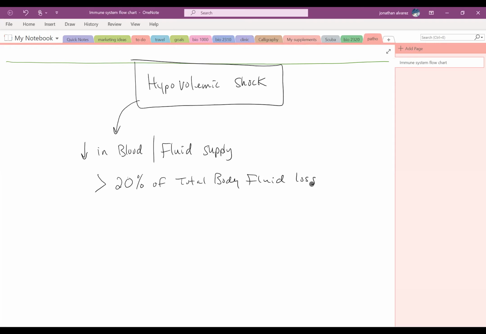All right. When this happens, you risk decreasing blood volume. And then when you have a decrease in blood volume, you have a decreased ability to perfuse tissue.